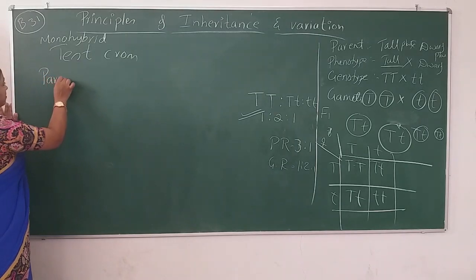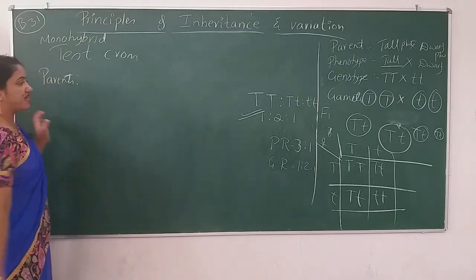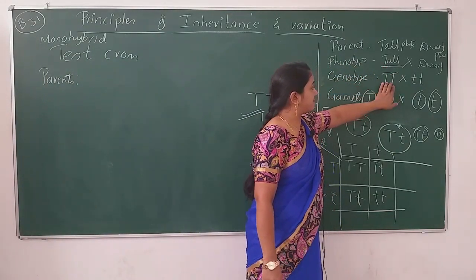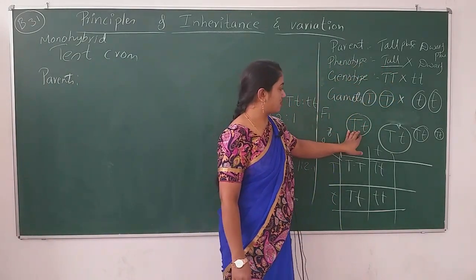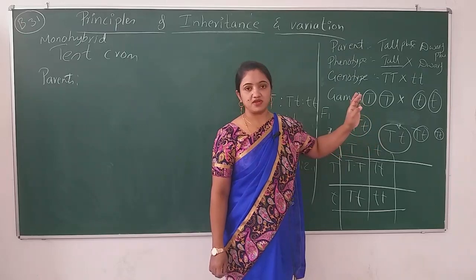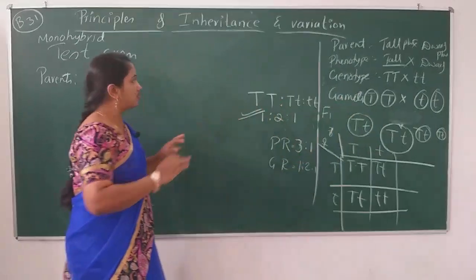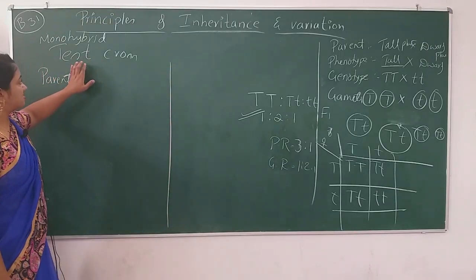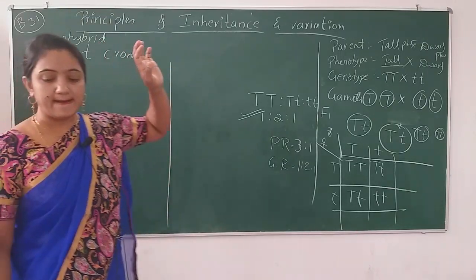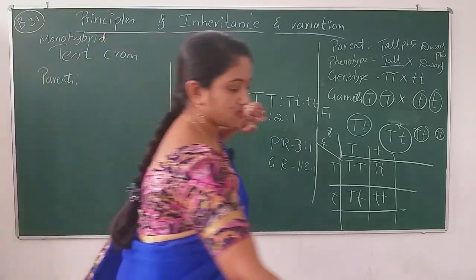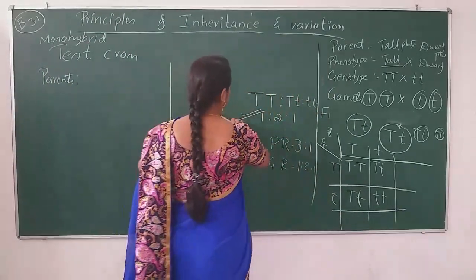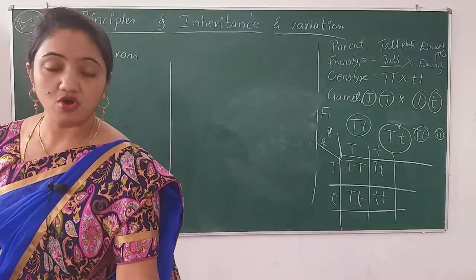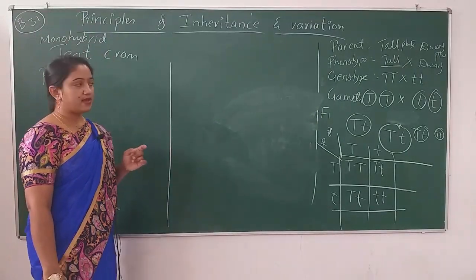Which parent we are selecting, we don't know whether it is a pure breed or heterozygous dominant. So we'll take both the possibilities here. What we are learning here is how to test the parents, whether it is in a homozygous or heterozygous condition, how to test the genotype of the parent.